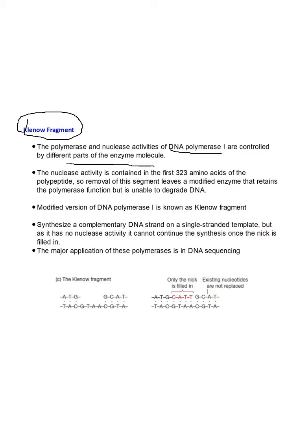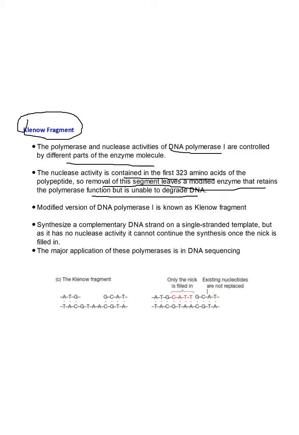The nuclease activity is contained in the first 323 amino acids of the polypeptide. Removal of this segment leaves a modified enzyme that retains the polymerase function but is unable to degrade. So the first part, which contains the nuclease activity, is removed, and it is only left with polymerase function.